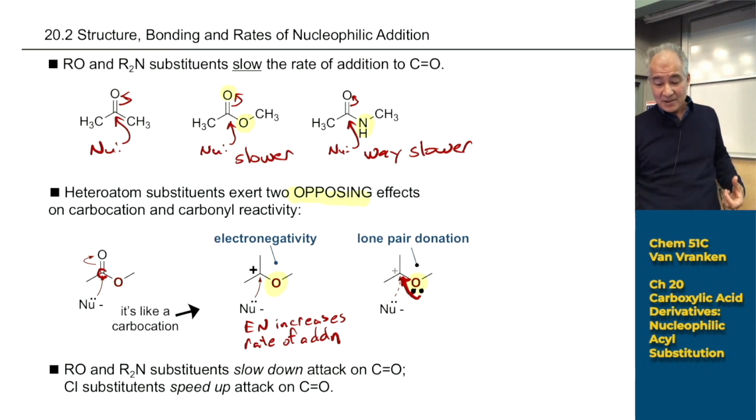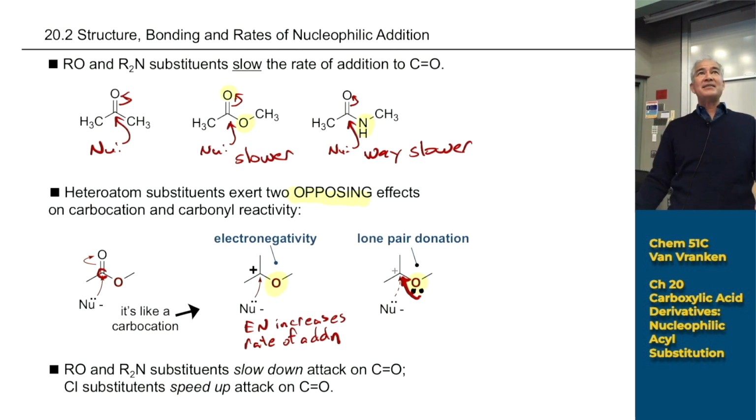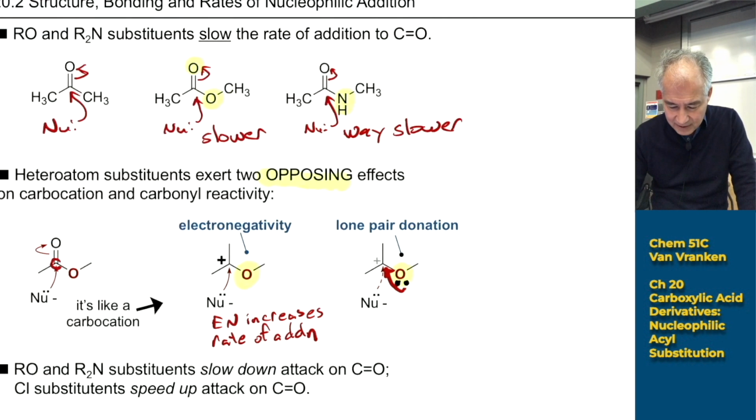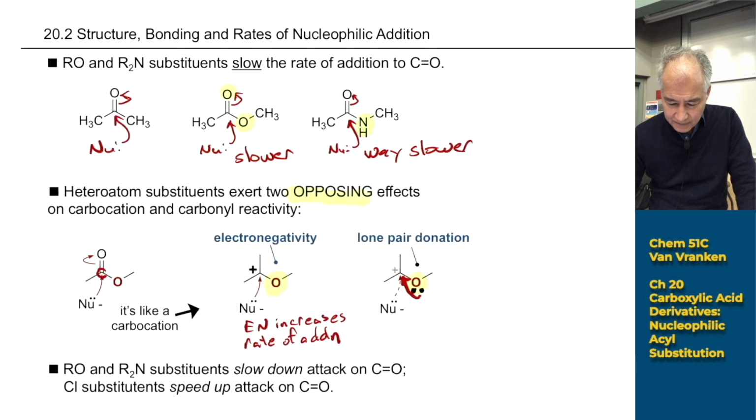The lone pairs next door don't have to collide at all. They're there all the time, donating into that carbocation, basically attacking the carbocation and making it less reactive. So this resonance effect, this lone pair effect, is going to slow down the rate. Lone pairs that are neighboring like that decrease the rate of nucleophilic addition. Sorry, let me write this out.